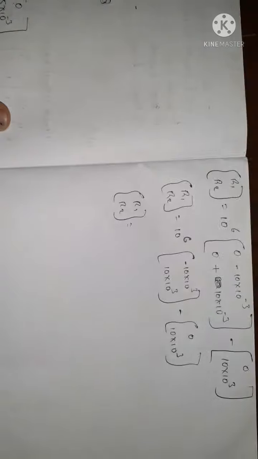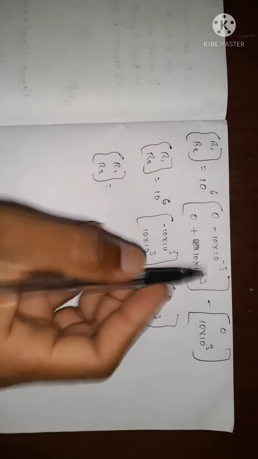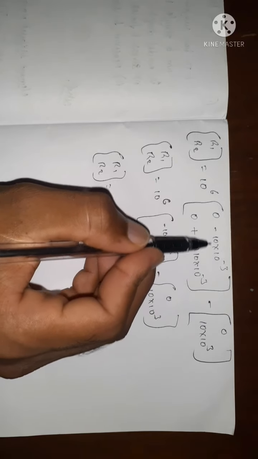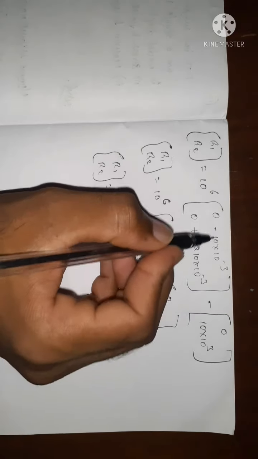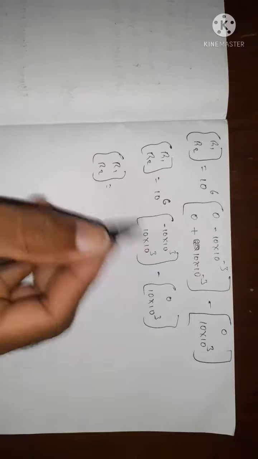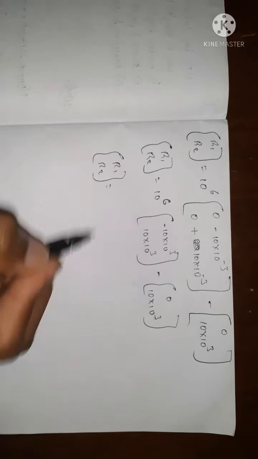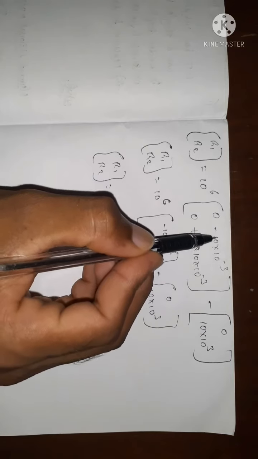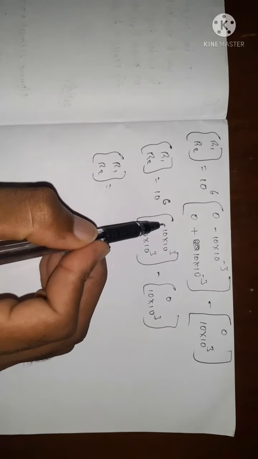Okay, in the same way I write 0, where 2 into 5 into 10 power minus 3 is 10 into 10 power minus 3, and only 0 minus 10 into 10 power 3 is remaining.